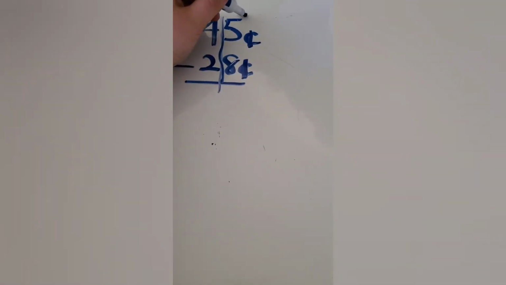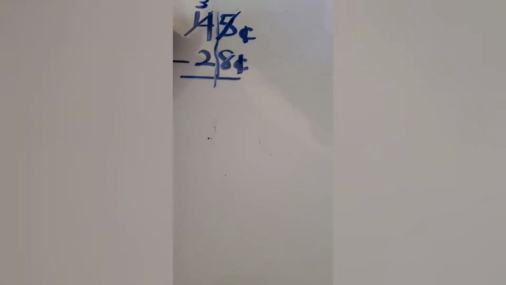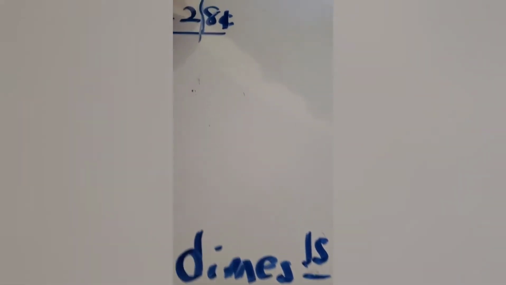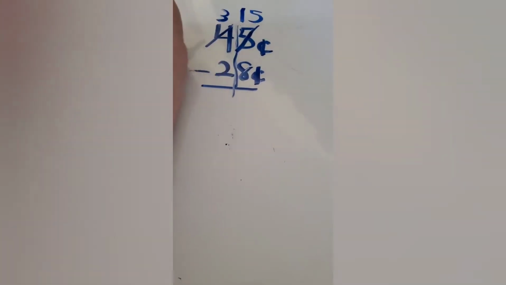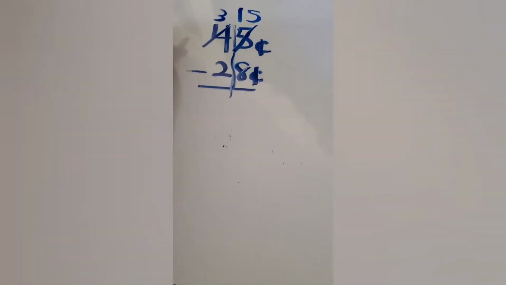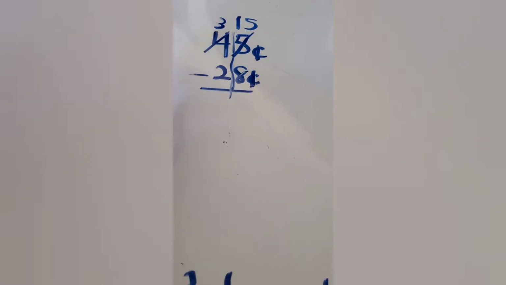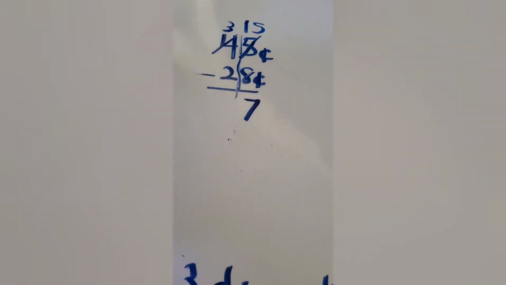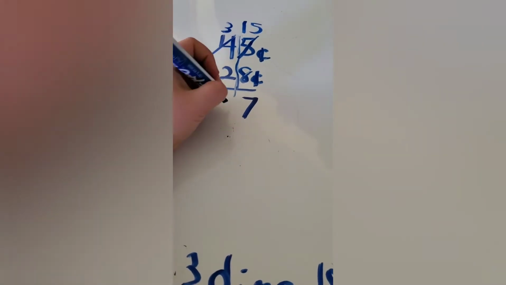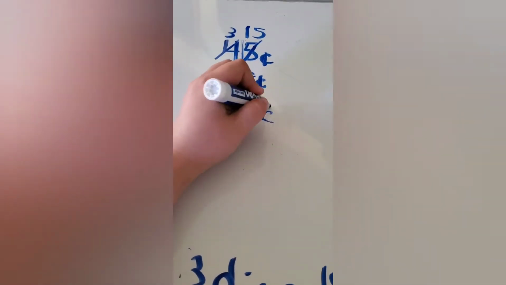And then I'm going to cross out the 5. And what number am I going to put? Is that right? It's 15. So 15, take away 8 is what? 7. And 3, take away 2 is what? 1.